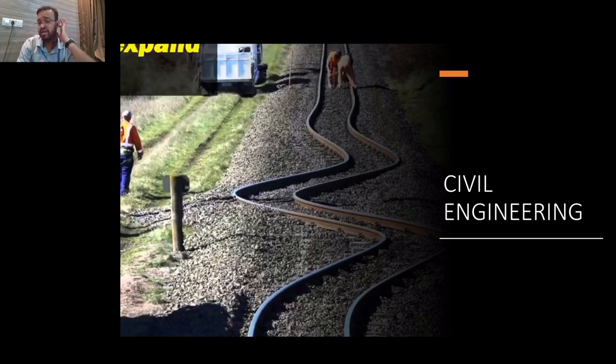Then this is another example of thermal failure in civil engineering, where your tracks actually don't look like this. It doesn't look like a snake. But what has happened is that the designers of these railway tracks failed to account for the expansion due to heating.